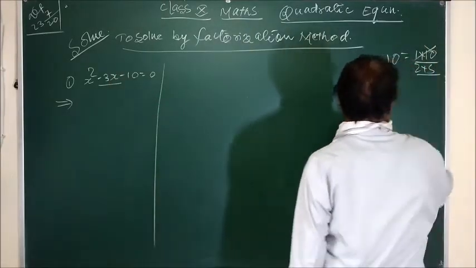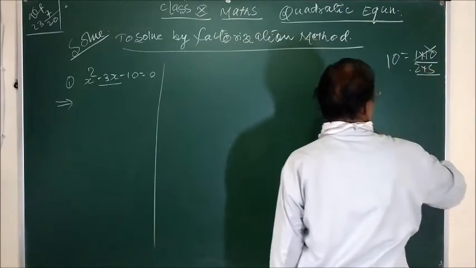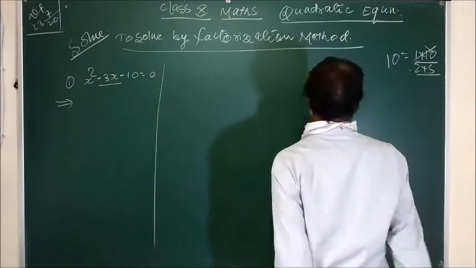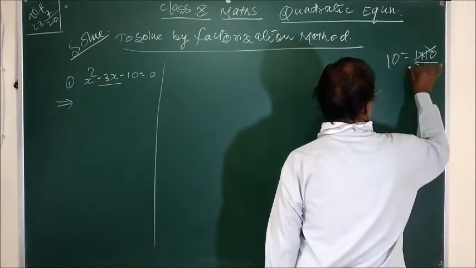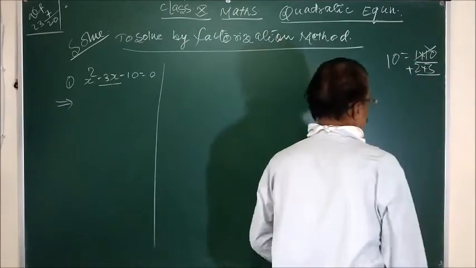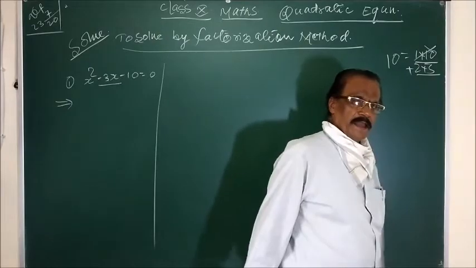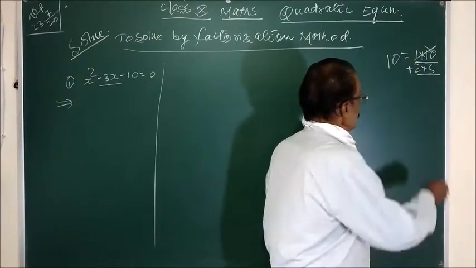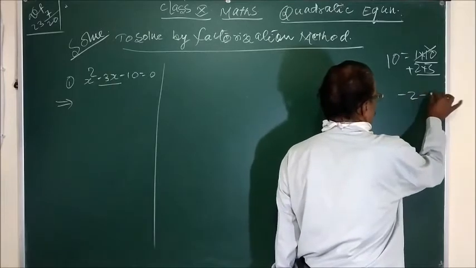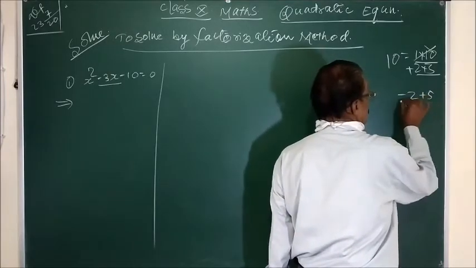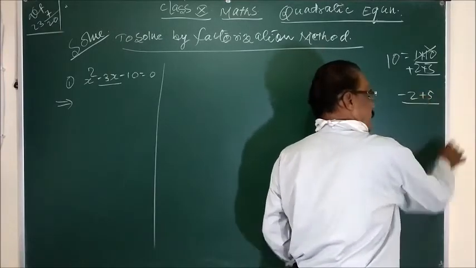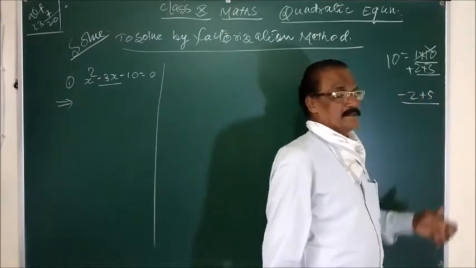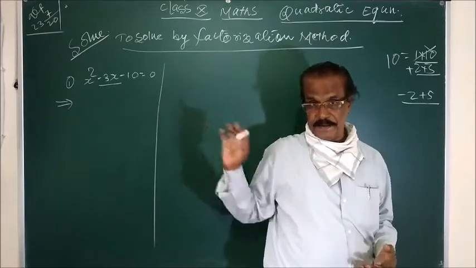So this pair is not suitable. Now this is possible. And 5 and 2, since you have to get minus 3, this should be minus and this should be plus. You may be wondering why minus comes: minus 5 plus 2 is minus 3. If you change the sign, minus 2 or plus 5, the product will be minus 10, but simplification means you will get plus 3, and here it is minus 3.